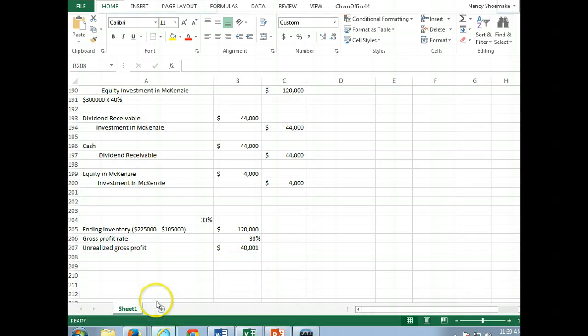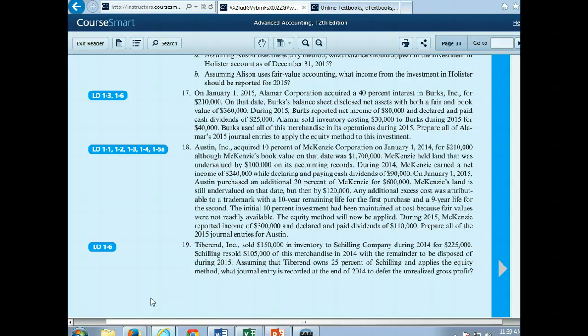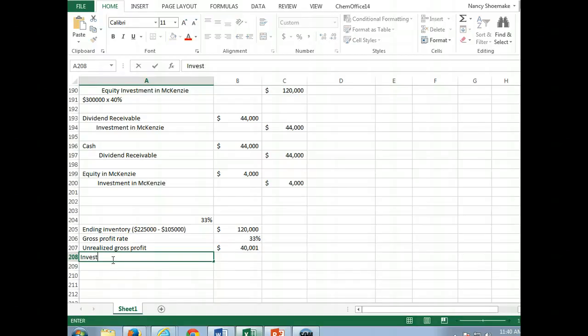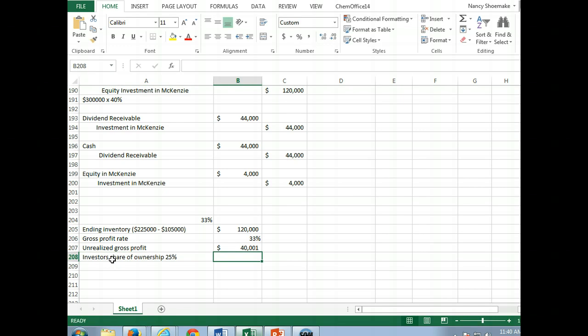They own 25% of Schilling. So 25% of that 40,000 is, so investor's share of ownership is 25%, and their portion of this income that's deferred is $10,000.